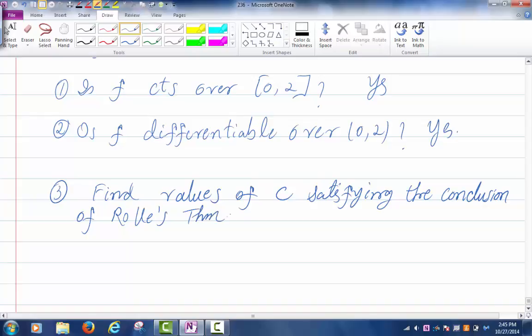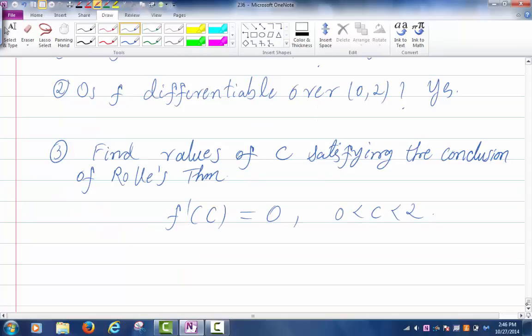And how would I do that? Well, what is the conclusion of Rolle's theorem? It says that the derivative must be vanishing at some moment c, where c would be between 0 and 2, right? That's the conclusion. And I have to find c. How do I find c? Well, do I know what the derivative is? I know that the derivative is 3x squared minus 1. So then f prime of c would be 3c squared minus 1.